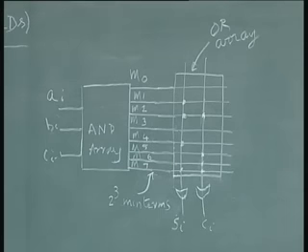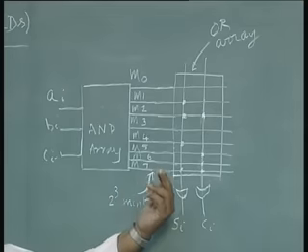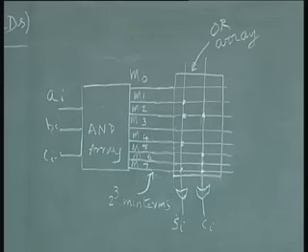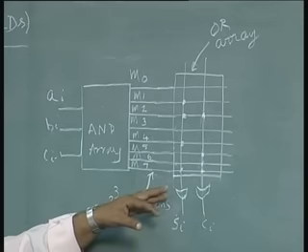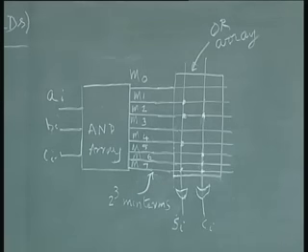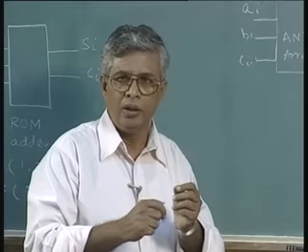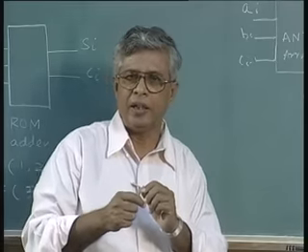Now, why are we calling it programmable? It is a fixed thing. In order to make it programmable, I should have a technology by which I can change the connection. These OR gates should have connectivity which can be changed. You should be able to either make or unmake the connections to the OR gates.